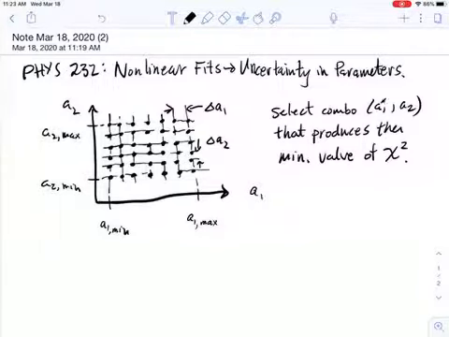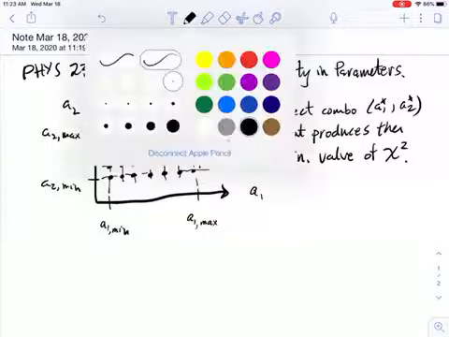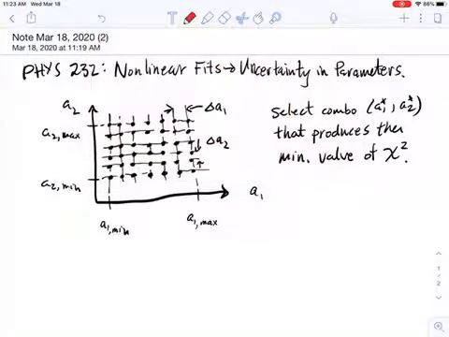Let's say that those values that produce the minimum in chi-squared are a1 star and a2 star, and maybe a1 star sits over here and maybe a2 star sits over here. And so this is the point that will produce our best fit parameters.